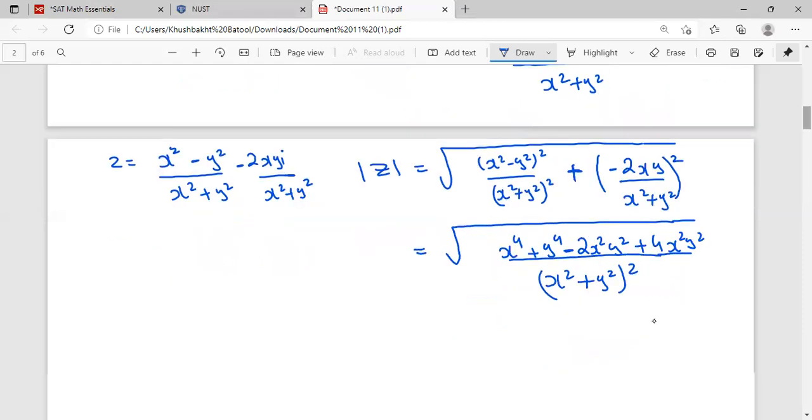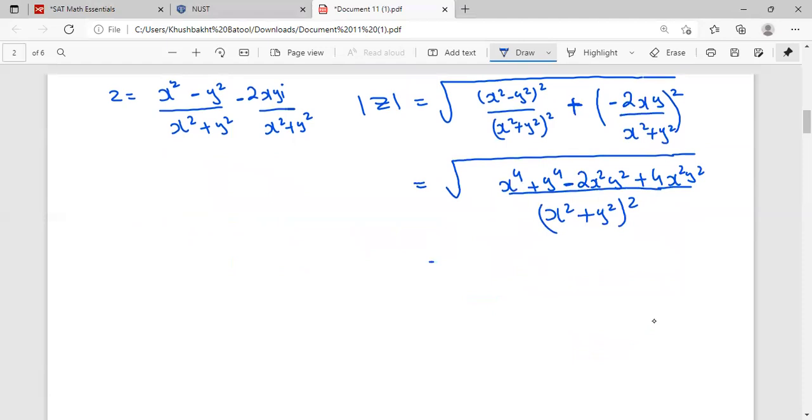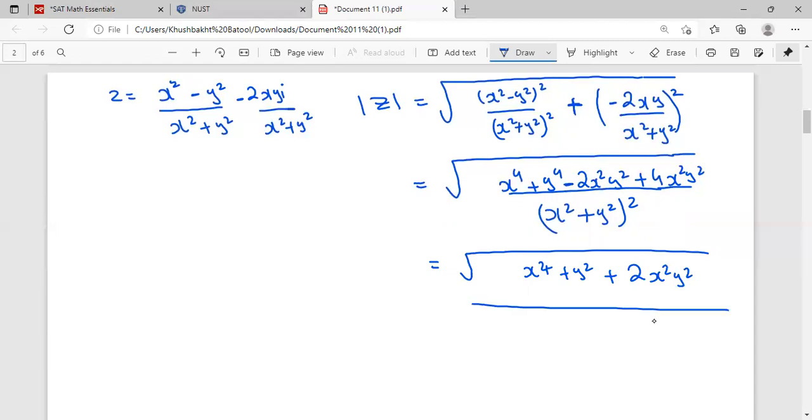Now I need to simplify it further. This equals under root x to the 4 plus y to the 4 plus 2x square y square. Why? Because this is minus 2, this is 4, so minus 2 plus 4 is 2, divided by x square plus y square only.